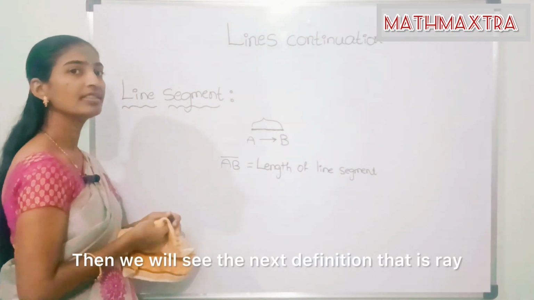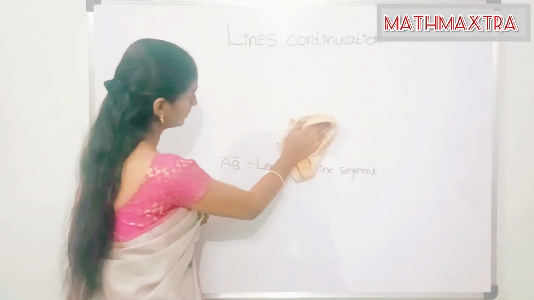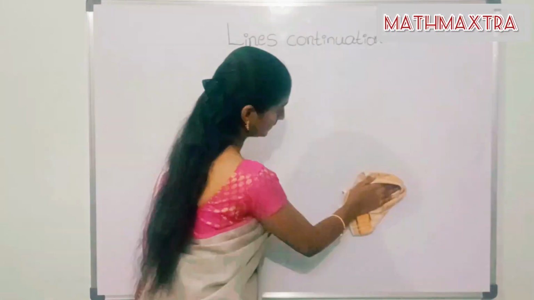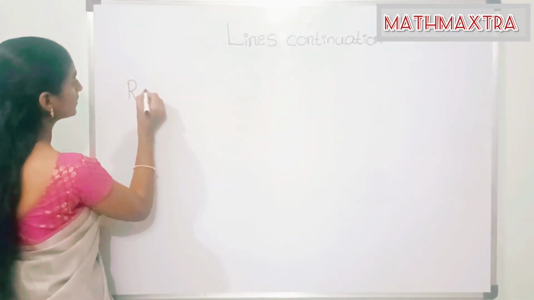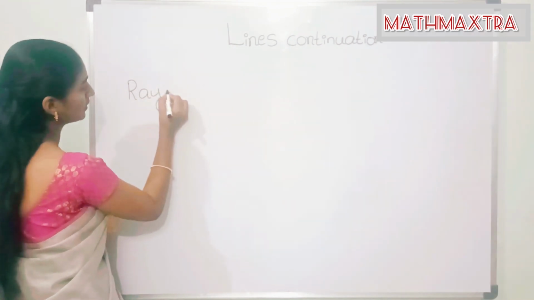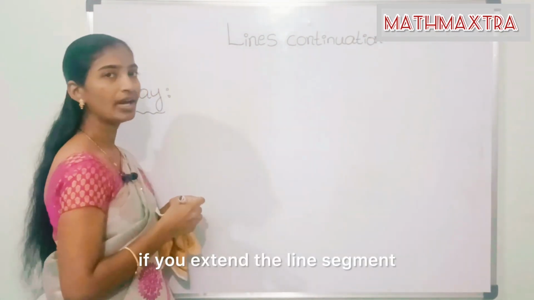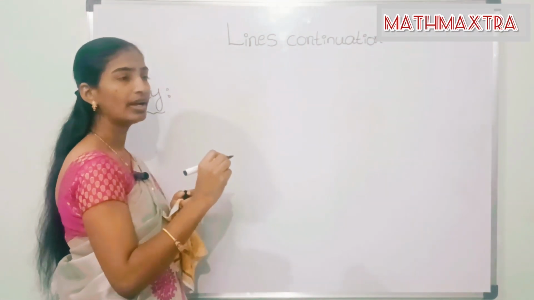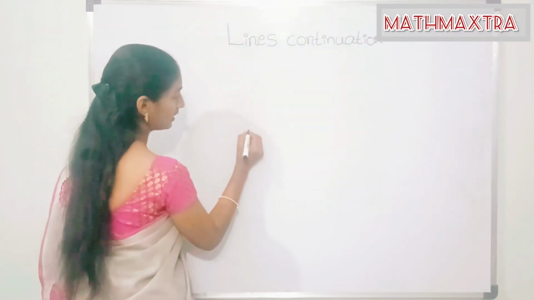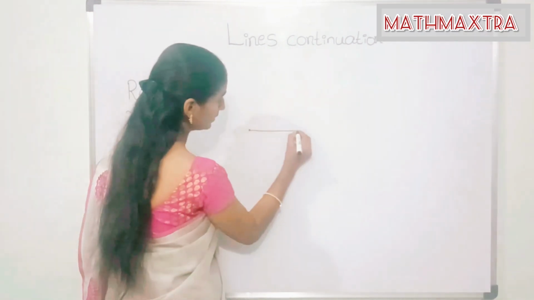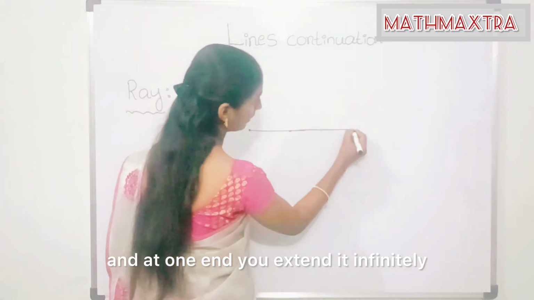Then we'll see the next definition, that is ray. A ray is nothing but if you extend a line segment at only one end. Take one line segment and at one end extend it infinitely.